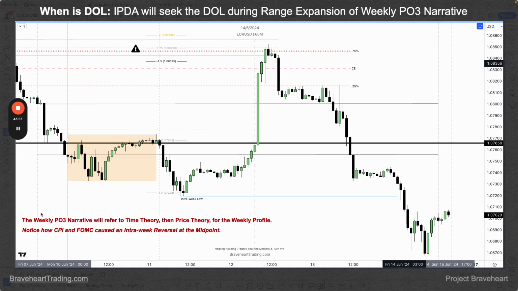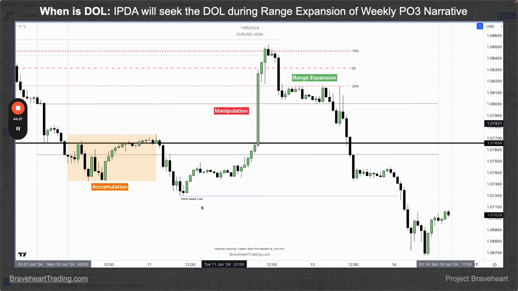So the weekly Power 3 narrative will refer to time theory, then price theory for the weekly profile. Okay, so just make sure that you notice what key time events are happening within the week, such as CPI or FOMC, because time theory will have a huge influence on when volatility will come in, and you could have the right price theory levels, but you could get swayed if price is not moving at your price levels if you're not aware of what's happening due to time.